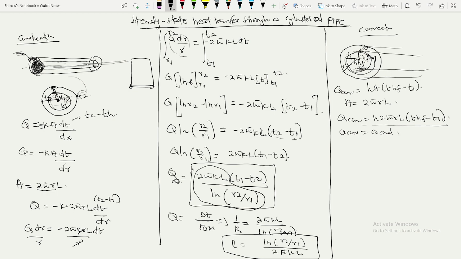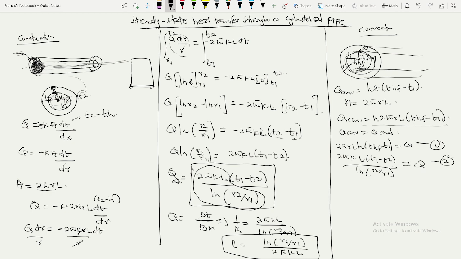So we have 2 pi RL h (T_HF minus T1), which should be equal to our Q. And then that same Q is 2 pi KL (T1 minus T2) all over ln R2 over R1, which equals Q. So this is equation 1, this is equation 2, and we can compare them.